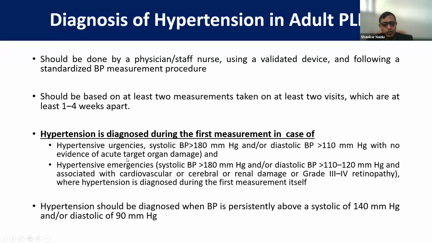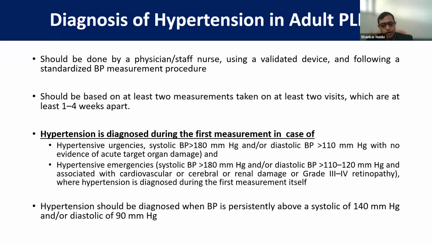However, if the patient is coming in a situation of hypertensive urgency or emergency, then even a single recording is important. So what do we mean by hypertensive urgency? It is when the BP recording is more than 180 millimeters of systolic or more than 110 millimeters of diastolic, with no evidence of end organ damage.